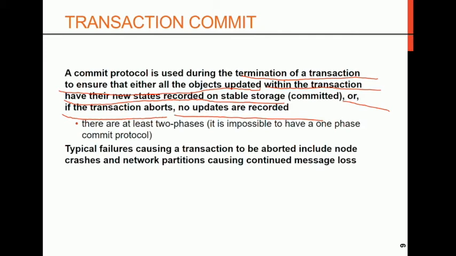So it's the way that the transaction manager manages all the various objects and the various operations on accessing the objects. You can't have one phase for this protocol. A single-phase commit protocol basically tells all objects to commit once the transaction is completed.